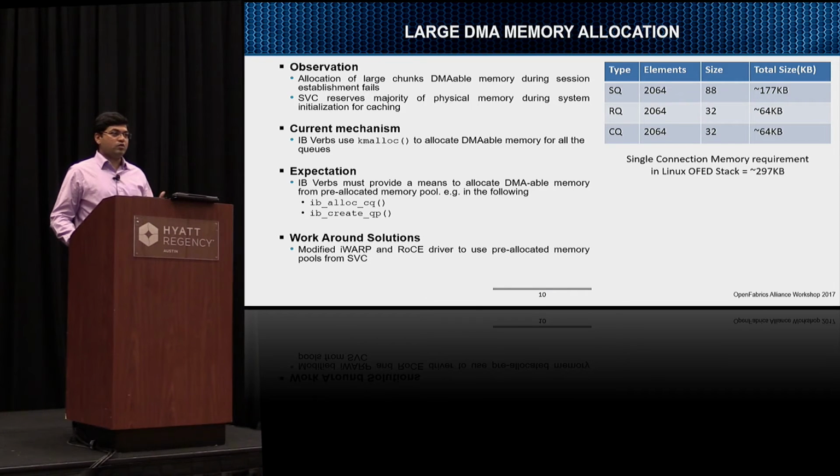So we can pre-allocate memory that can be used by the RDMA devices while the application is initializing, and then we need support in the API to allocate memory from the pre-allocated pool rather than the kernel memory.